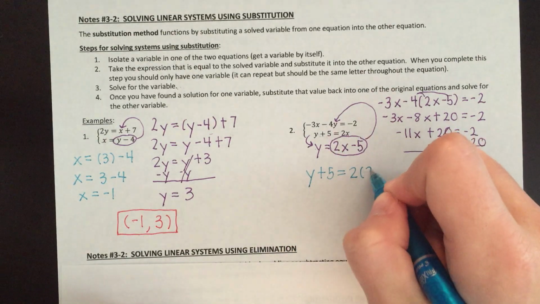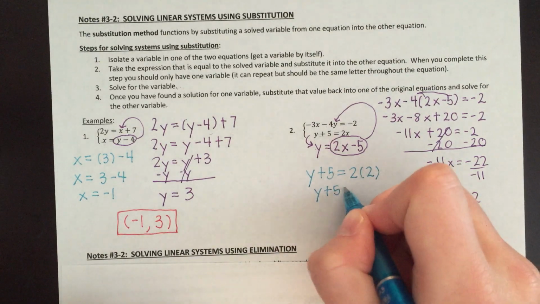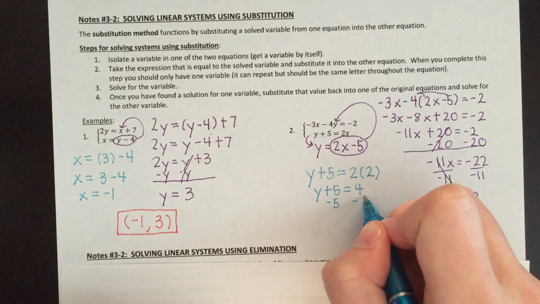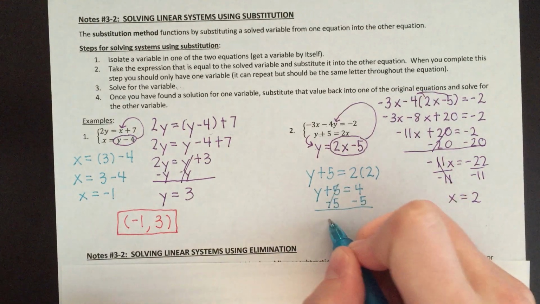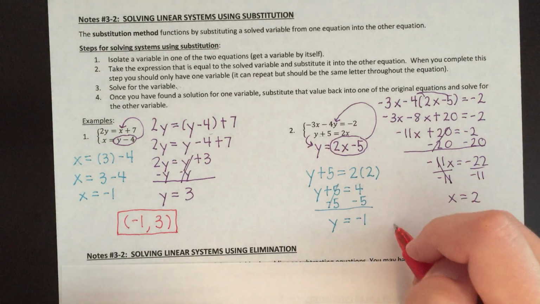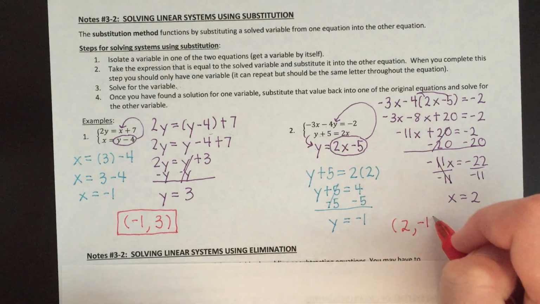Well, x is 2. So there you go. y plus 5 equals 4. To get y by itself, I need to minus 5. So y equals negative 1. So the coordinate of intersection, make sure you write the x first, is 2, negative 1.